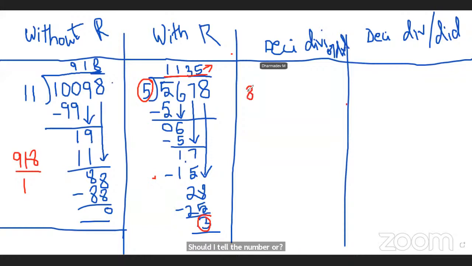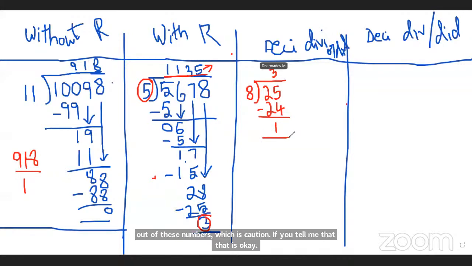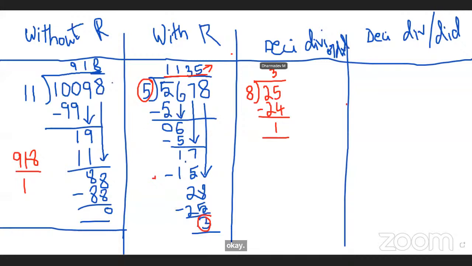Let's say I have the number 25 dividing by 8. That is 3, since 8 threes are 24, and I subtract and I get 1. Now out of these numbers, which is the quotient? Number 3 is the quotient, sir. Very good.